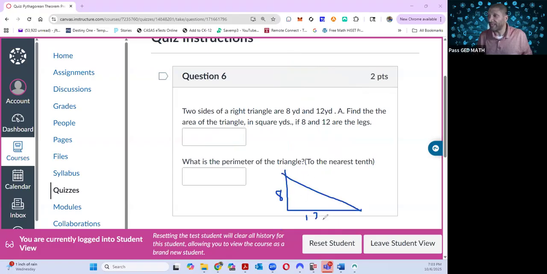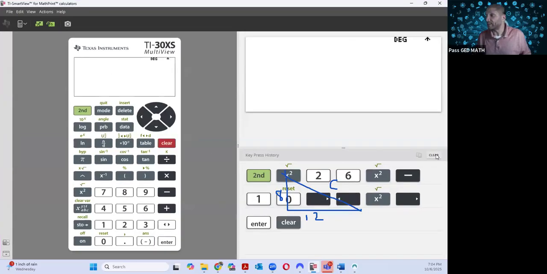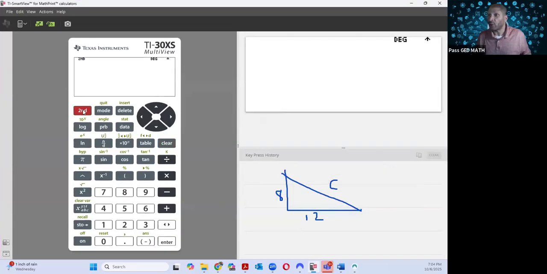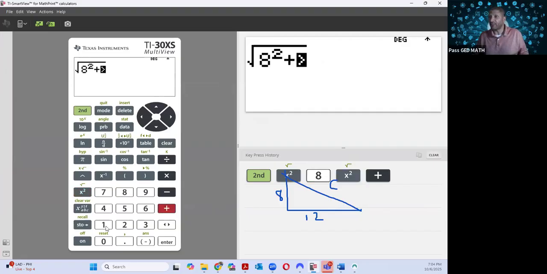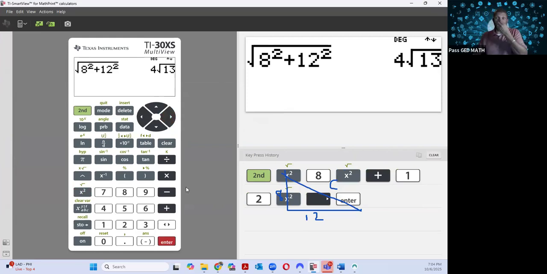So if this is 8 and this is 12, I need to use those two legs to find my hypotenuse. Oh, I don't know C. Mr. Tinsley showed me a quick way to find out what C is. C is the square root of A squared plus B squared. So 8 squared plus 12 squared. My third side is 4 square root of 13.